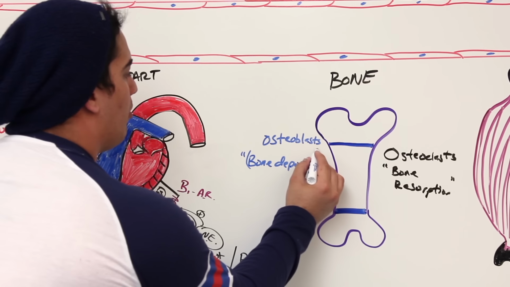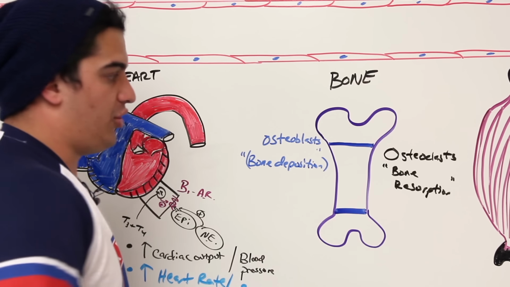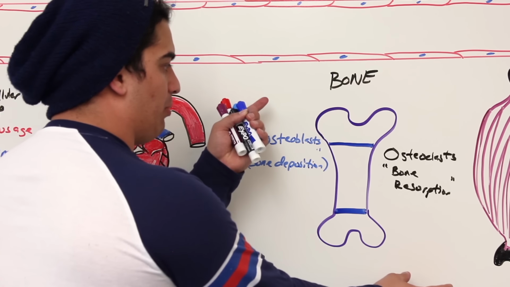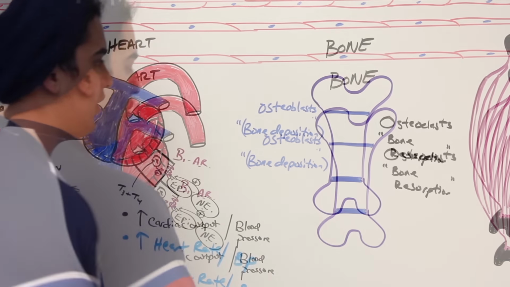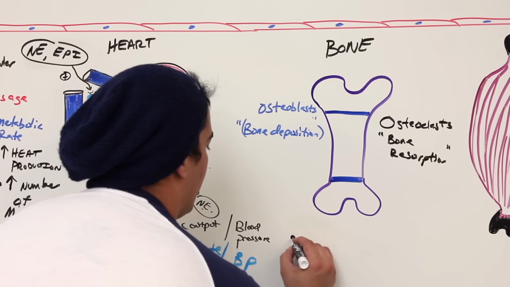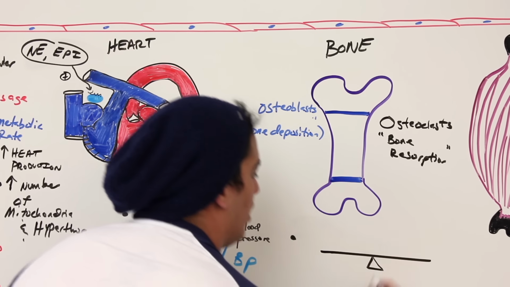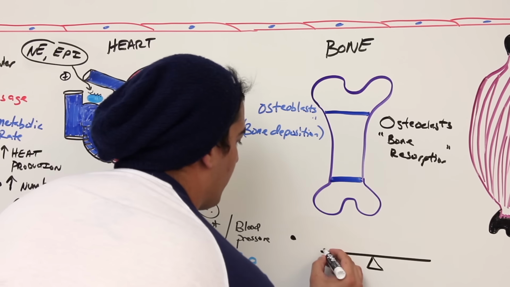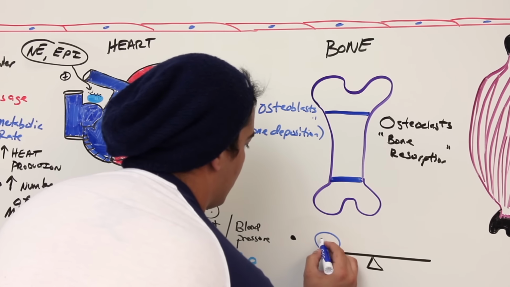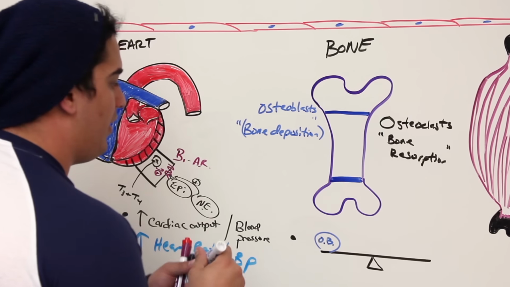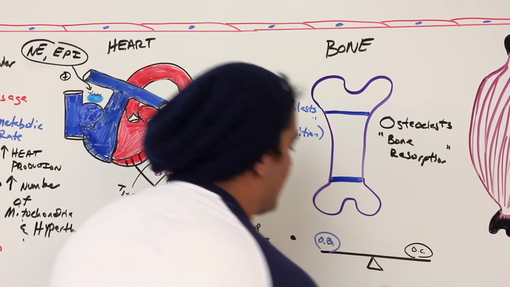The thyroid hormone here is regulating the balance between the two. So you don't want there to be excessive osteoblastic, and you don't want there to be excessive osteoclastic activity. Okay, so now what is thyroid hormone doing? He's maintaining the balance between the two. So let's say here's a little balance beam, if you will. Over here on this side we're gonna have osteoblasts, and on this side over here, we're gonna have osteoclasts.